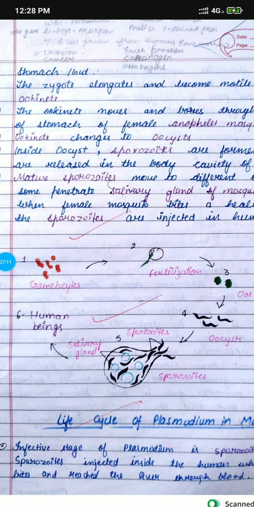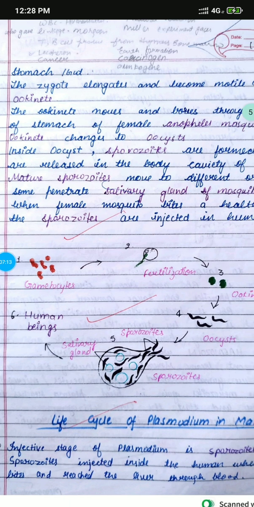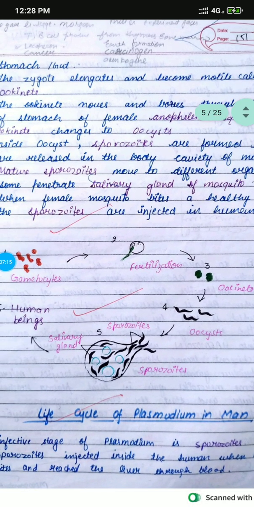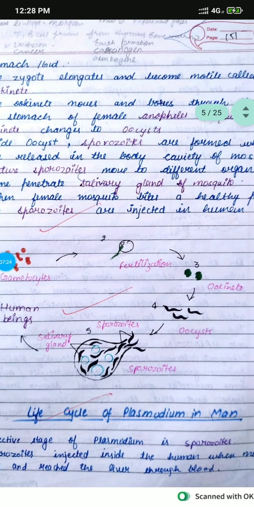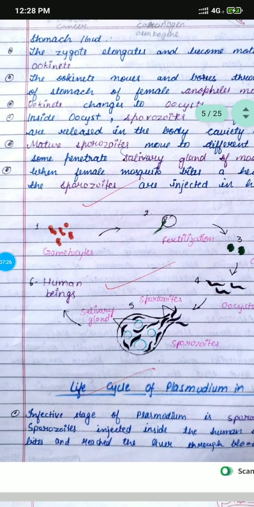The mature sporozoites move to different organs and penetrate the salivary gland of the mosquito, which transfers them by the help of saliva to a healthy person.